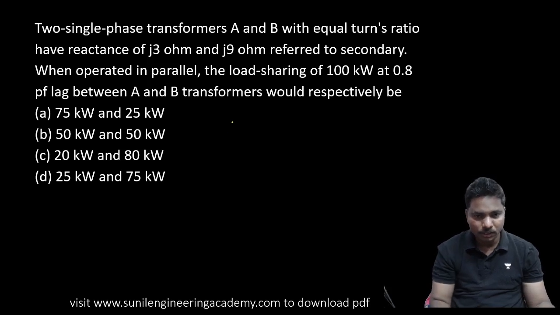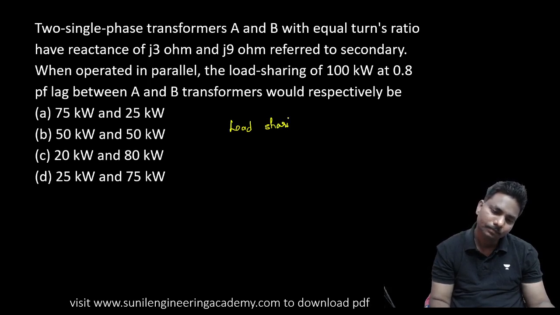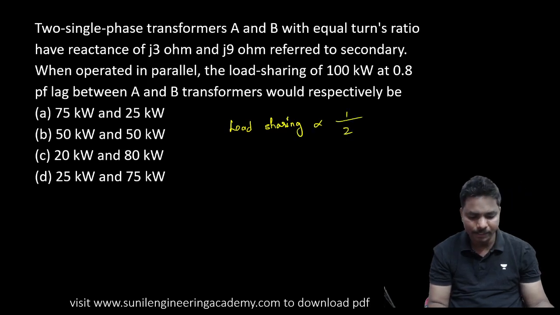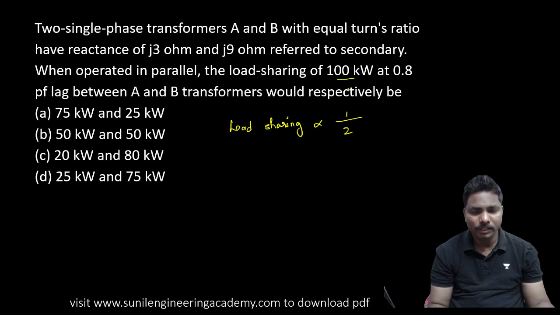Generally the load sharing is inversely proportional to the impedance, 1 by Z. While operating in parallel, the load here is 100 kilowatt. Kilowatt is already given, so there is no need to take the power factor.